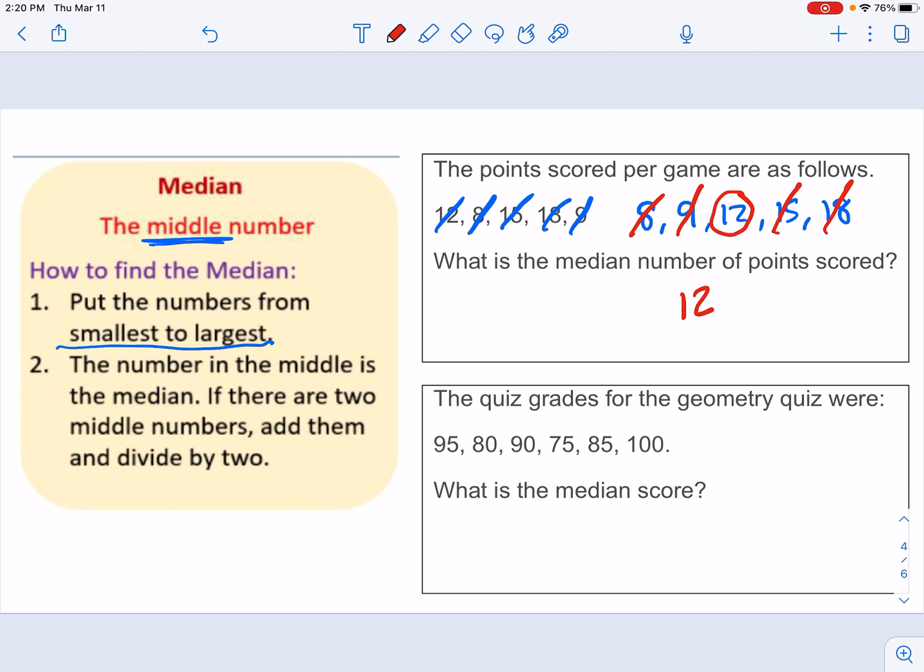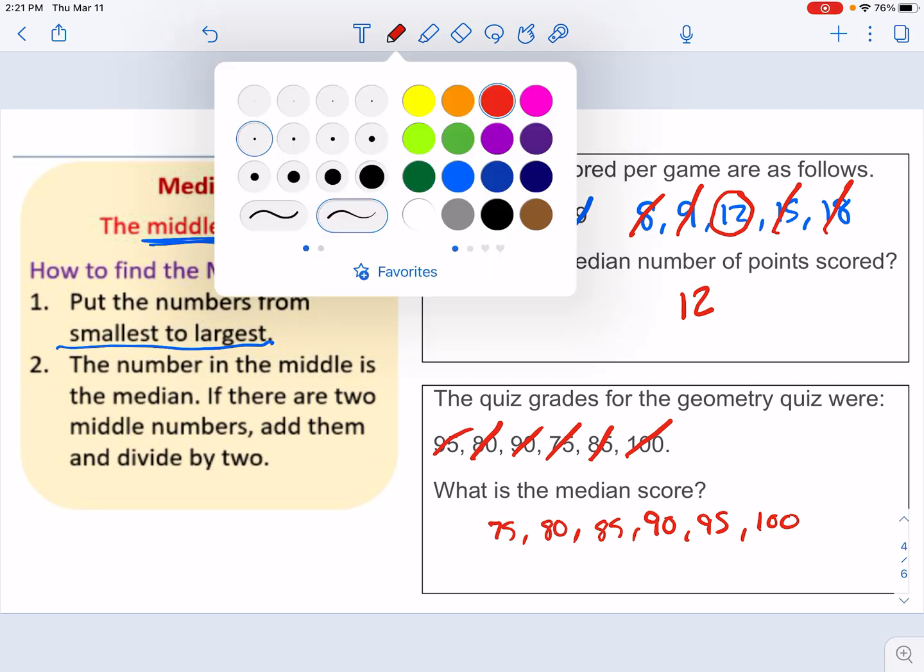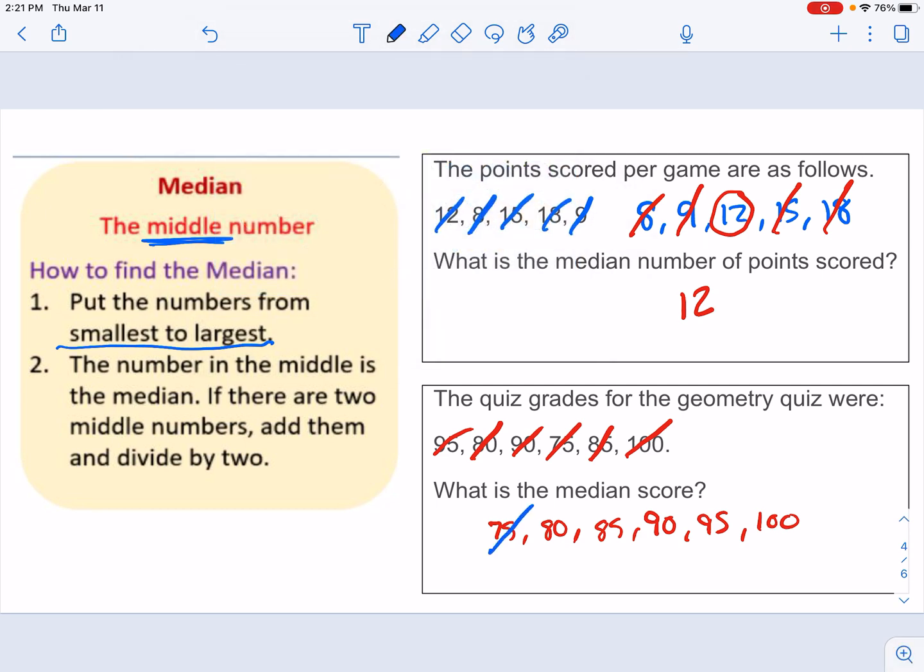And for our next example, it says the quiz grades for the geometry quiz were 95, 80, 90, 75, 85, and 100. So if we start by putting them in order, so 75, 80, 85, 90, 95, and 100. Okay, so now that they're in order, we can get rid of the smallest and biggest, but now we're left with 2 numbers in the middle.